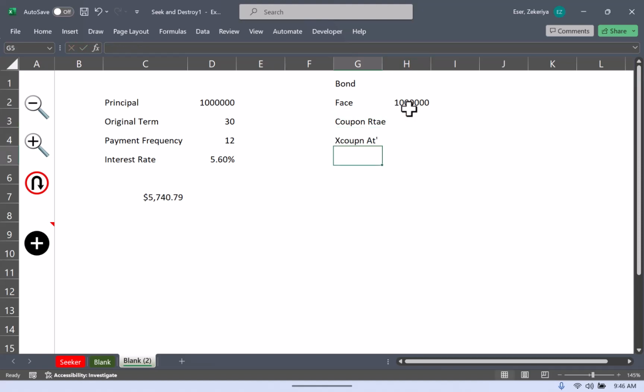I'm not going to worry about that. 250, let's say. Take the face value, multiply it with coupon rates, divided by 2.